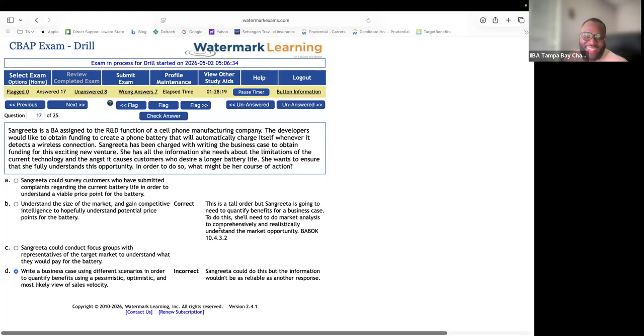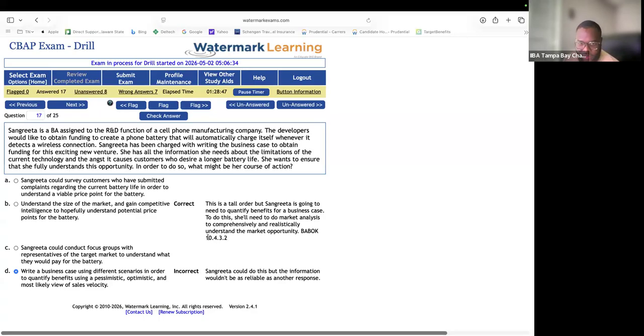This is a tall order, but Sagrita is going to need to quantify benefit for a business case. To do this, she will need to do a market analysis to comprehensively and realistically understand the market opportunity. Sagrita could do this, but the information wouldn't be as reliable as another response.